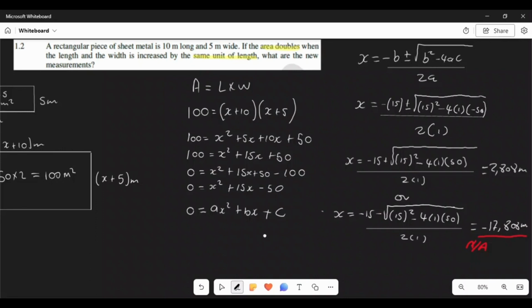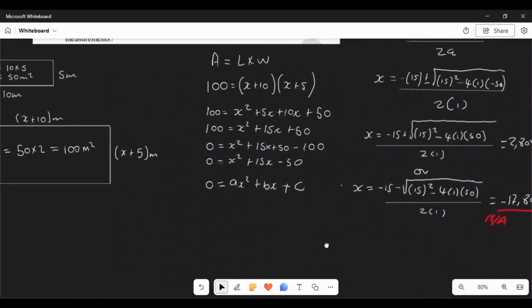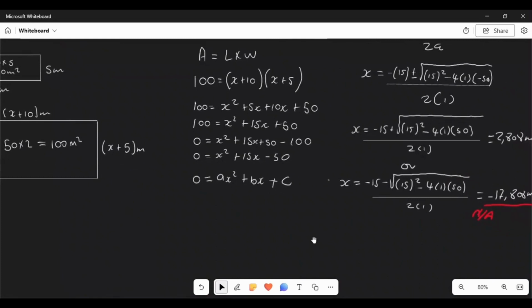So let's continue. So we know that this is a formula for length. Let me just go this way. All right, yes, this is a formula for length, and this is the formula for width. So we know that length, let me just write it here, length is gonna be, there we go.